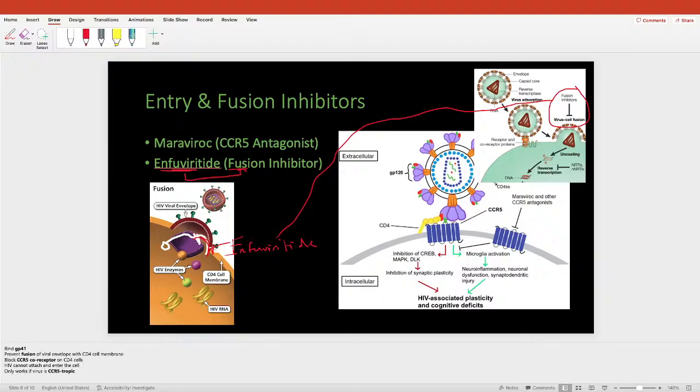And so HIV cannot attach and enter the cell, and it only works if the virus is CCR5 tropic. If it's not, then this medication is not going to really work. So just wanted to let you know, have an understanding of that.